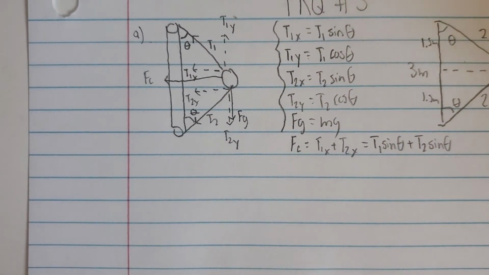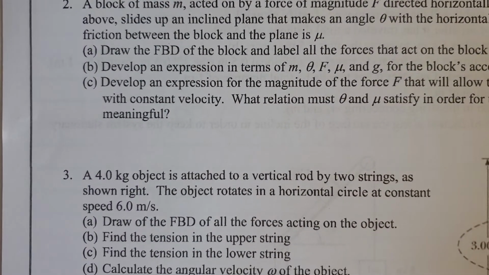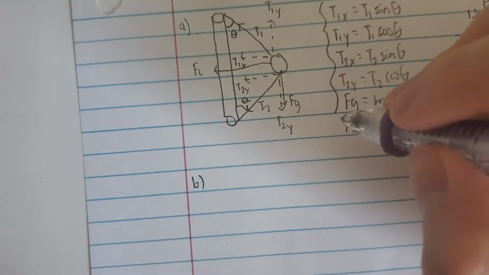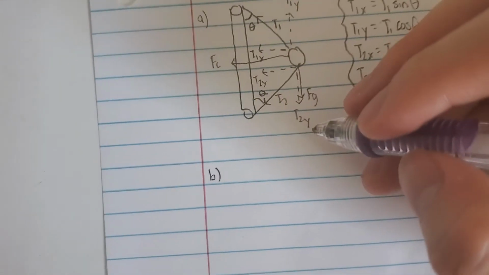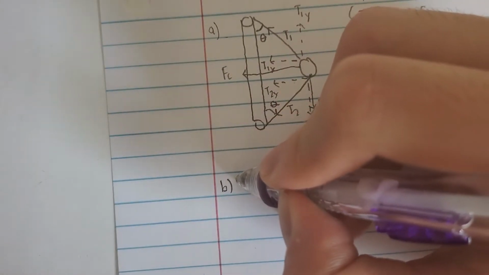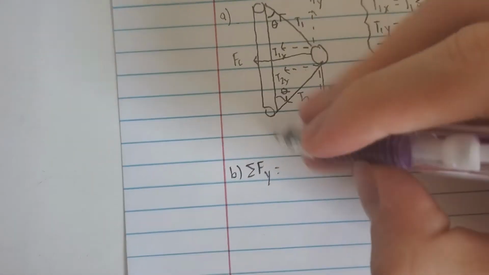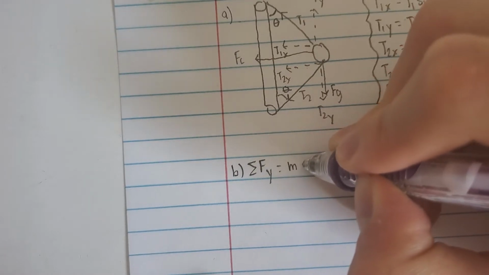Okay, so let's get started on our problem. Part B now wants us to find the tension of the upper string, so this tension over here. To do that, I'm going to use Newton's second law and examine the forces that are vertical. So the total force in the y direction is equal to m times ay.